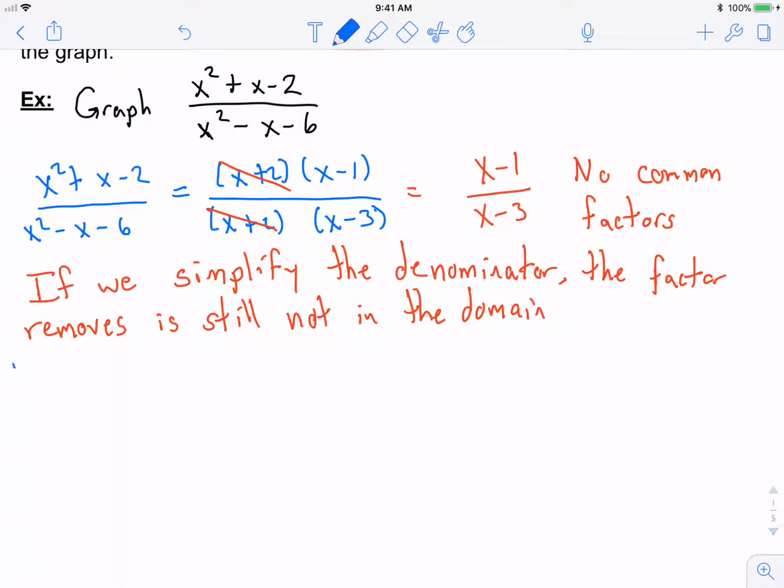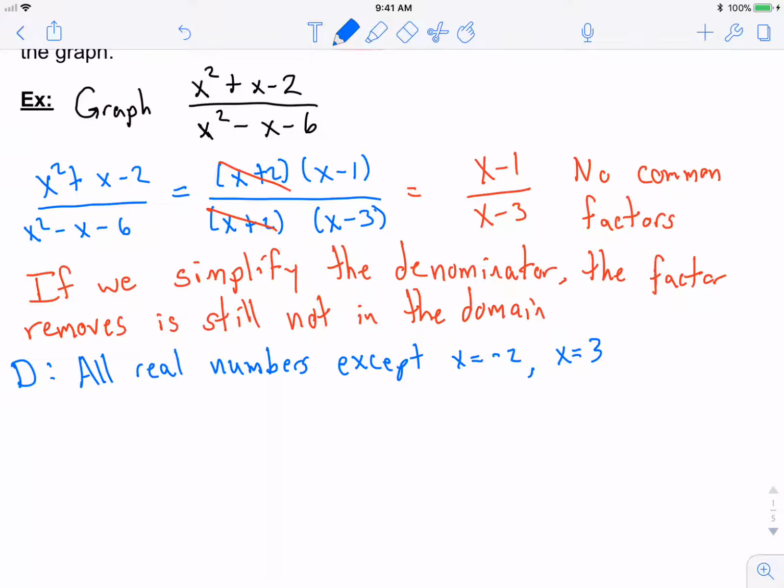So if we state the domain of this function, it's all real numbers except x equals negative 2 from our simplified factor, and x equals 3 from the factor that still remains.